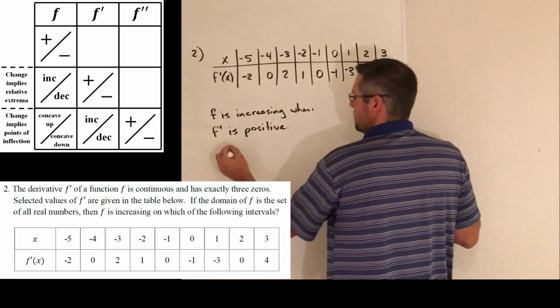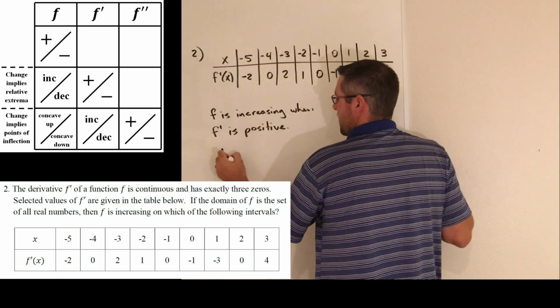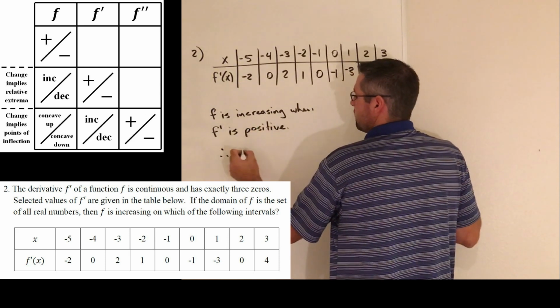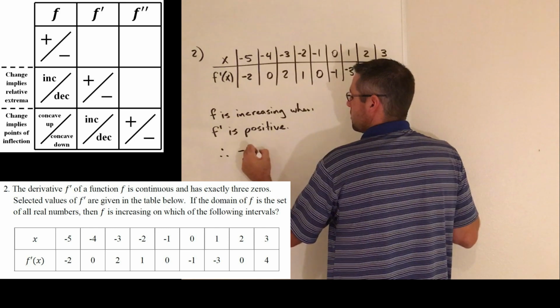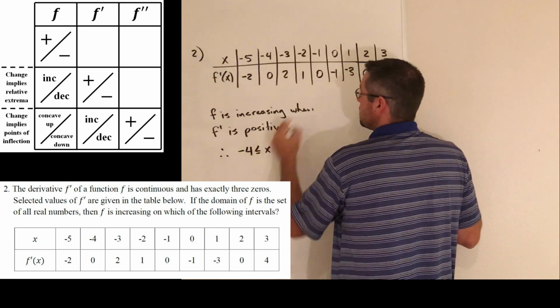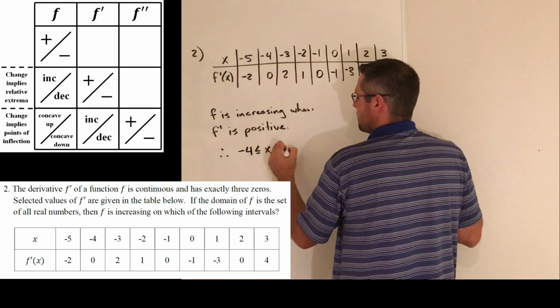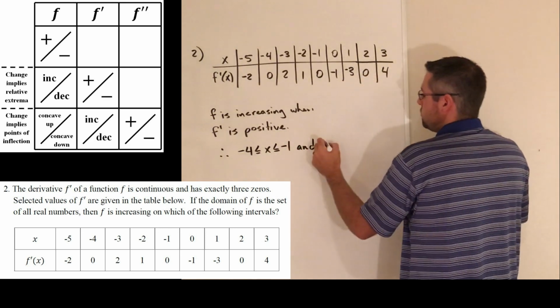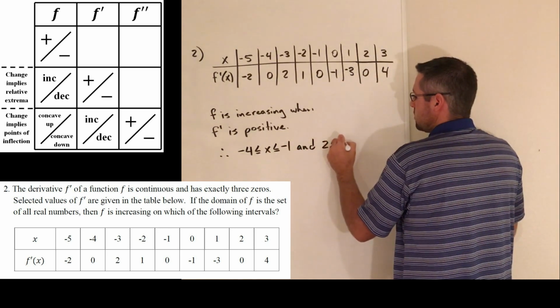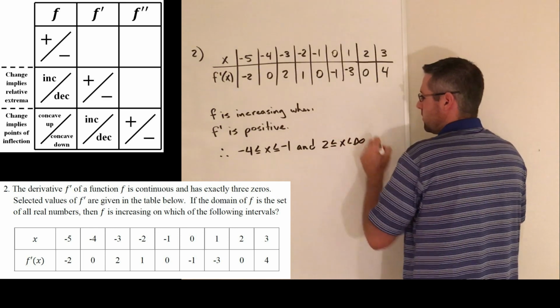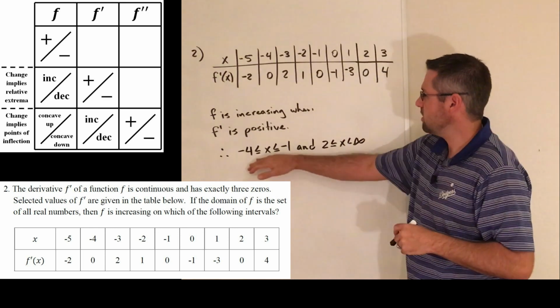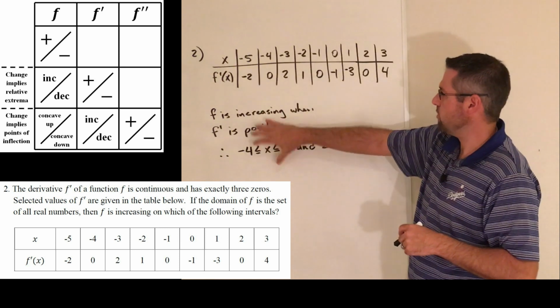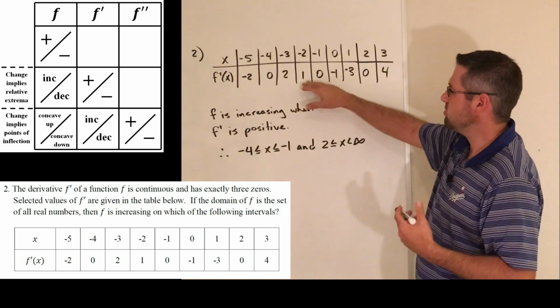So we can conclude, therefore, that f is increasing from x equals -4 to -1, and from 2 to infinity.